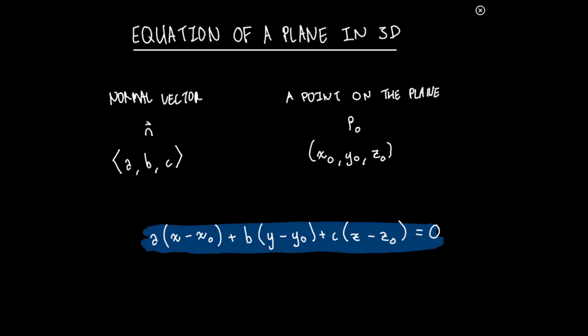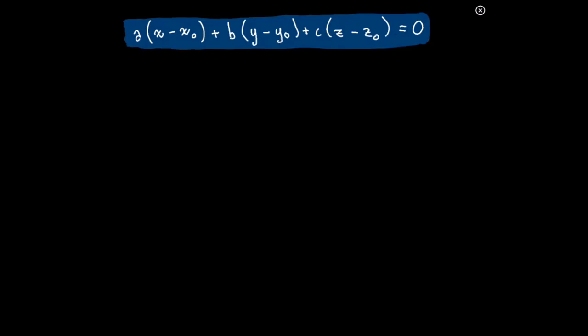Now, let's actually put this into practice and use this equation. Okay, so let's say that you're given that the normal vector is equal to 3, -2, 5, and a point on the plane, p naught, is equal to 8, 3, 7.